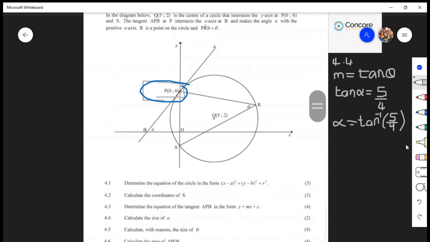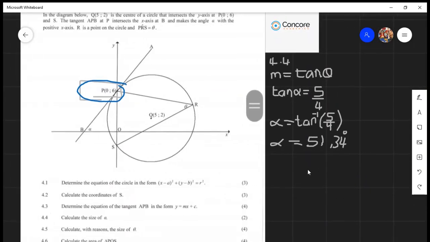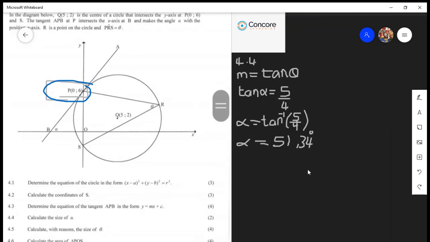So alpha is then equal to 51,34 degrees. Does everyone understand how we got to that answer? Okay, is there anyone who has any questions regarding that answer?